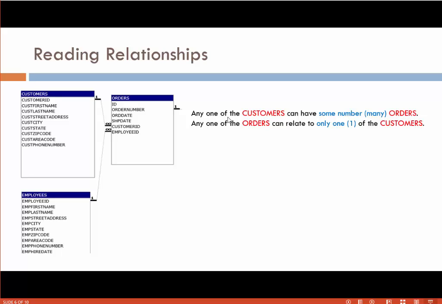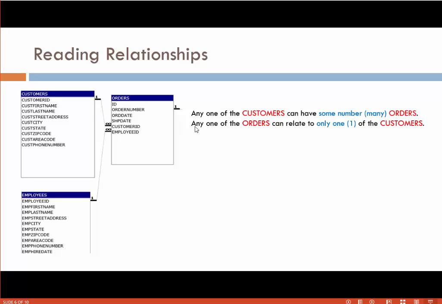So for any one of the customers, one record of customers can have some number. That's this infinity sign here on this Access modeling notation. Can have some number, basically many orders. So that's a good thing. We want customers to place many orders with us. Now, these relationships always go two ways.